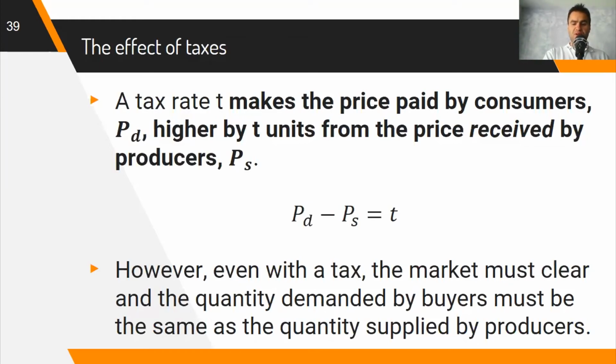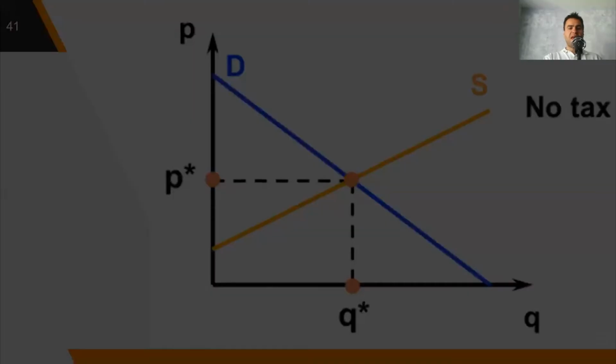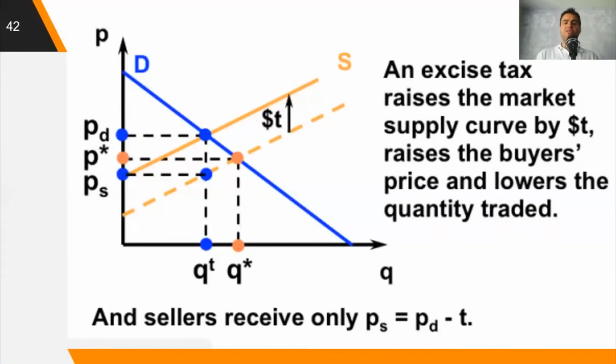So when we take this into a model, what we see is this. This is our normal supply and demand model, in which we have an equilibrium price and an equilibrium quantity. And the moment you introduce a tax, as it shows in the graph, that T, that amount of cents or dollars or pesos that you have to pay to the government through taxes, is the difference between the price paid by the consumers and the price received by the producers.